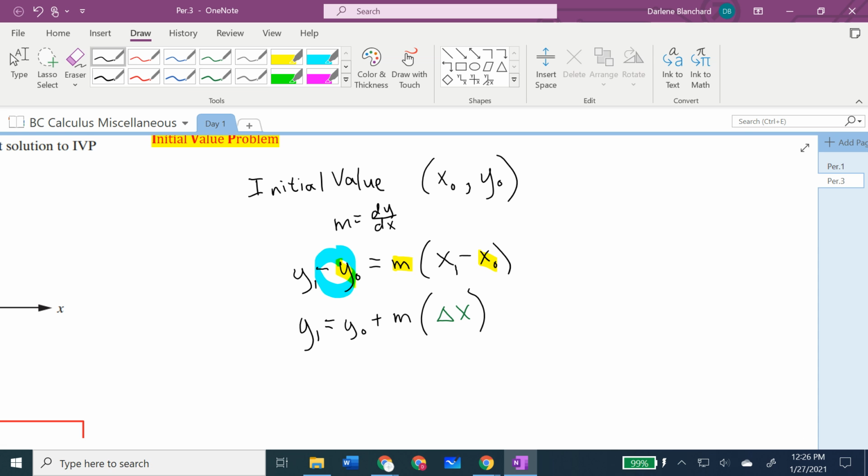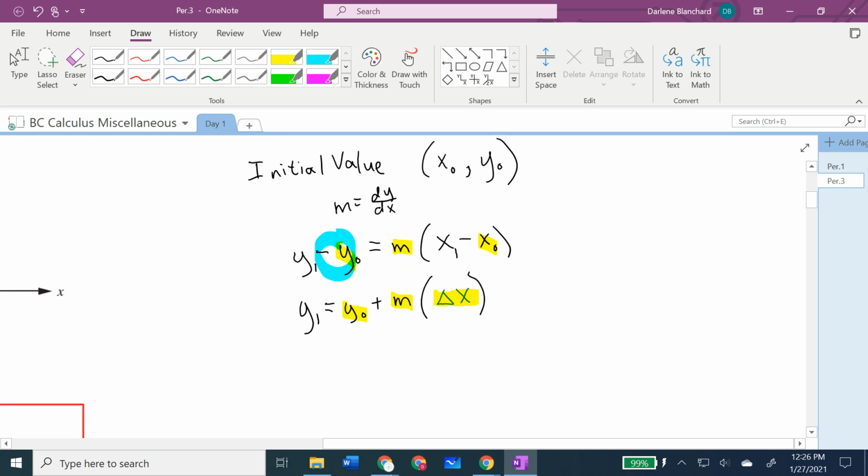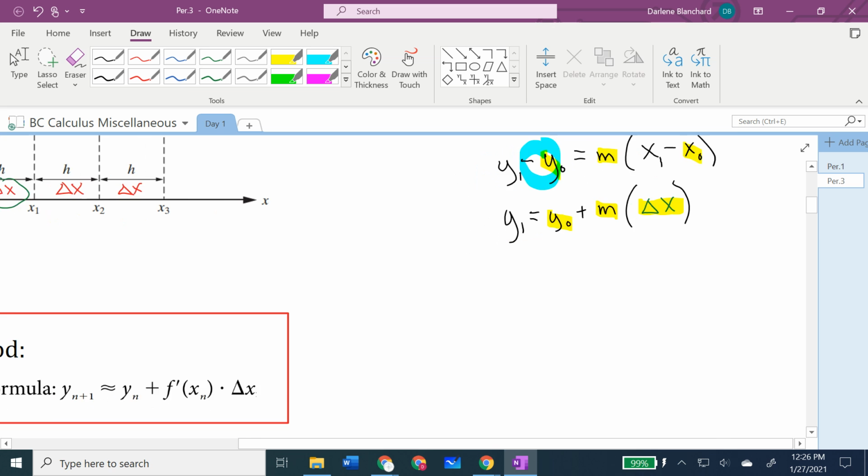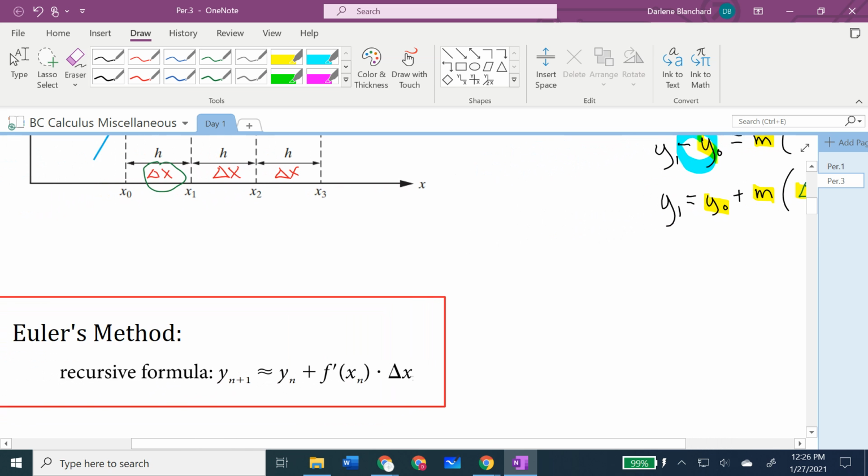So if you look at it, what it's saying is to find your next y, you're going to take the previous y and add to it the slope at that point times the step size delta x. And I'm going to go through some examples with you, but I want to show you that that's what this formula is.